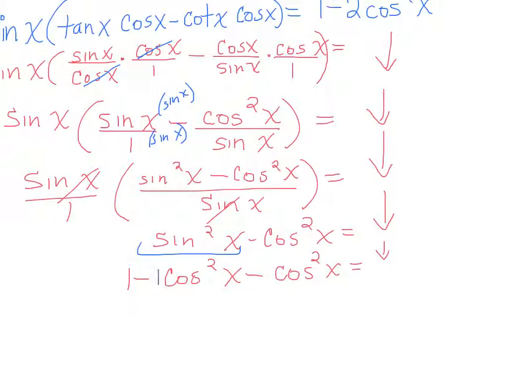Can we say that this is just minus 2 cosine square of x? It is. It's just like the other problem that we just finished. So 1 minus 2 cosine square of x is equal to 1 minus 2 cosine square of x. So this is a true statement and this is an identity.